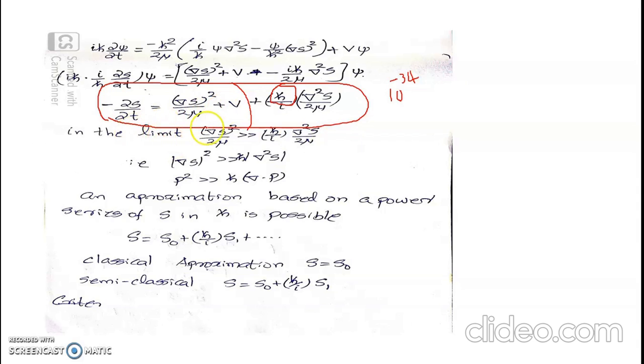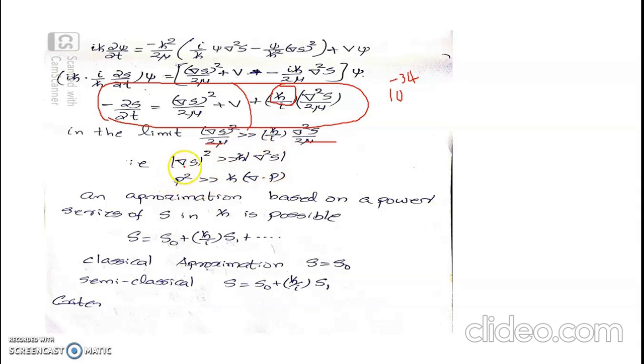Or in the limit (∇S)²/2μ ≫ (ħ/i)∇²S/2μ, that is, 2μ vanishes, (∇S)² is much greater than ħ∇²S in terms of magnitude.